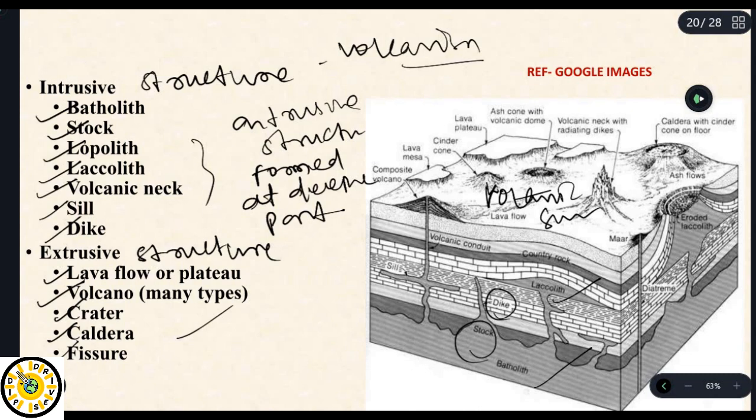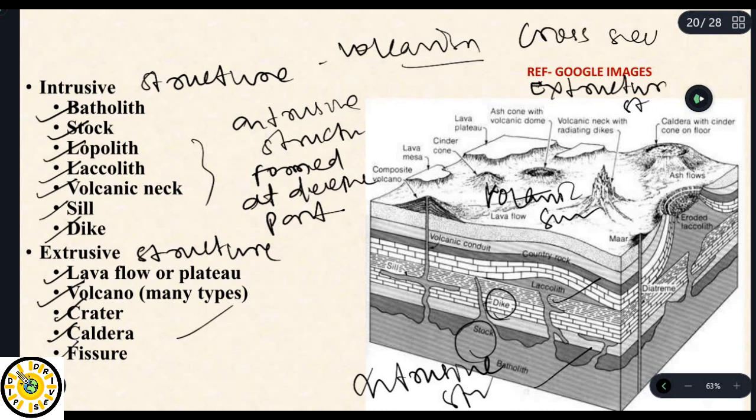So these are the intrusive structures, and this part is the extrusive structure. ये क्रॉस सेक्शन को तुम GSI मेंस में ड्रॉ कर सकते हो, एंड ये सिंपल एक ही इमेज पे आप प्लूटोनिक structure and volcanic structure दिखा सकते हो. Okay, hope you understand this question properly.